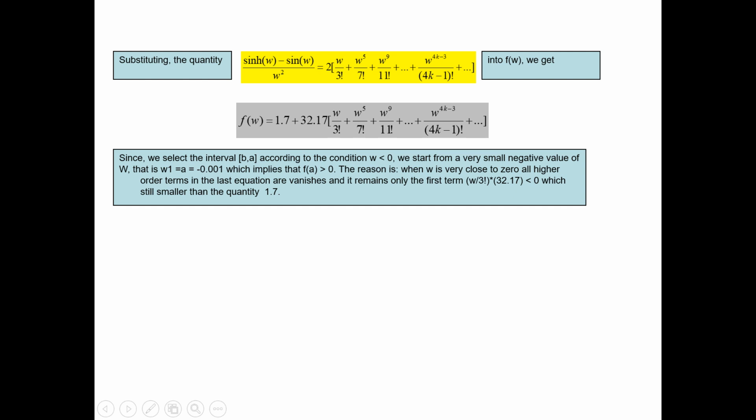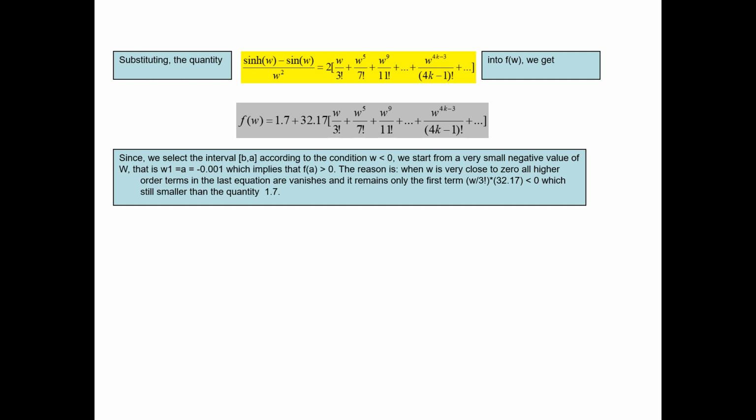The reason is that when w starts as w1 very close to 0 in the negative part, all the higher order terms vanish. So there remain only the first two terms, 1.7 plus 32.17 multiplied by w, or omega, divided by factorial 3, which is 6.